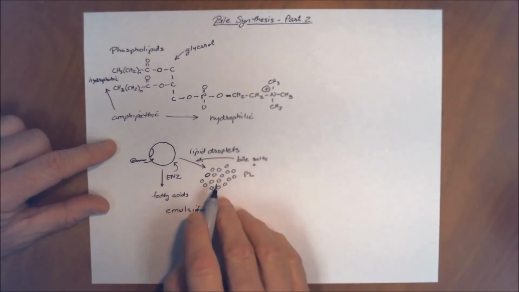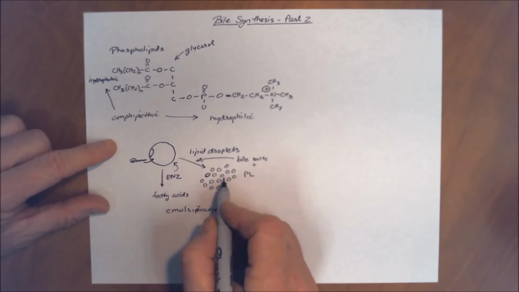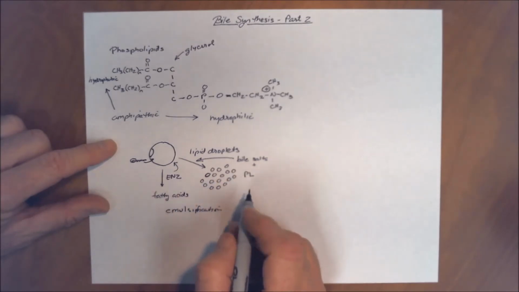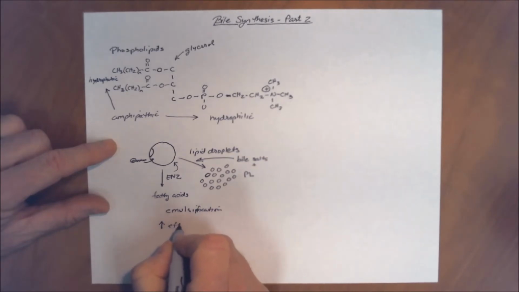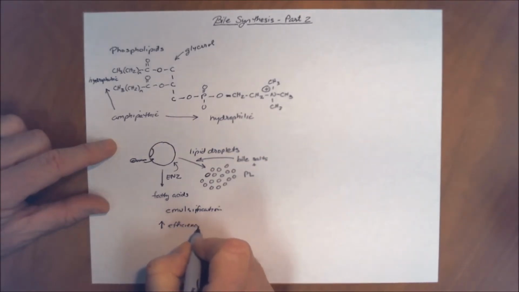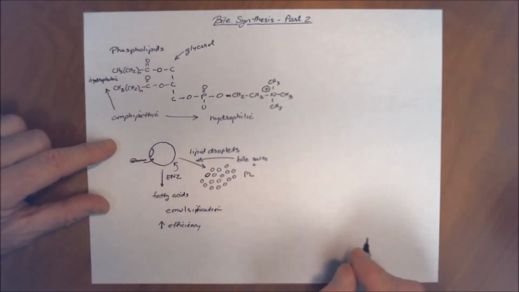Now we have a much greater surface to volume ratio here, so we have more surface area for the enzymes to work, and that is going to essentially increase efficiency of digestion of fats. And that is the purpose of the bile salts and the phospholipids.